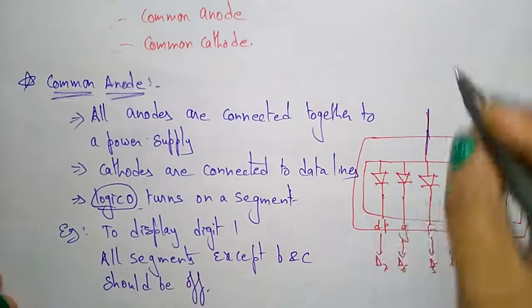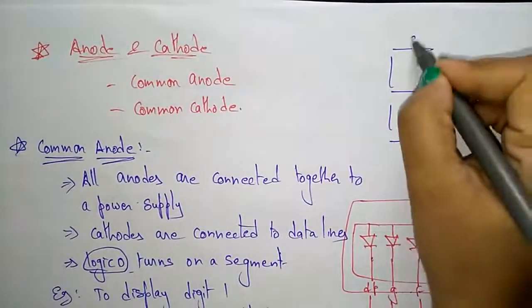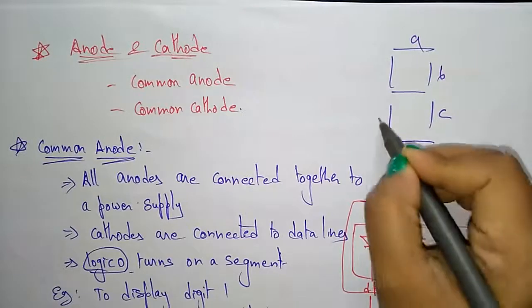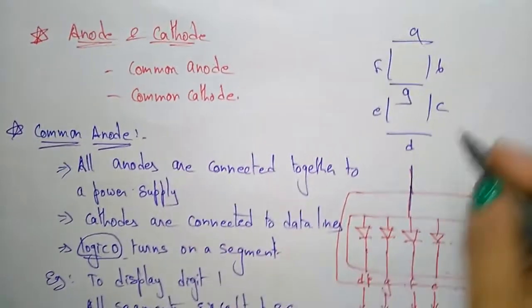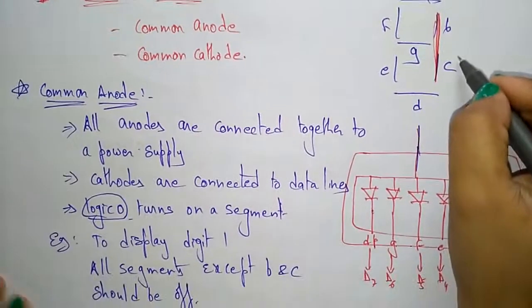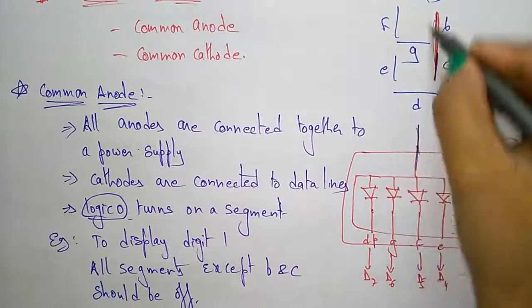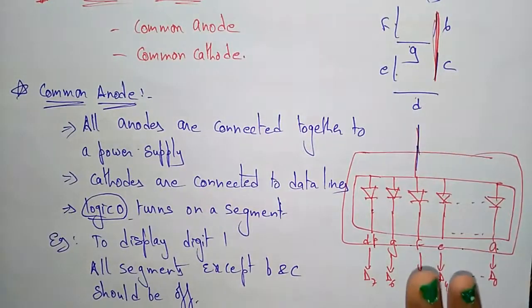Why B and C only? This is A, B, C, D, E, F, G. I want to display digit 1. 1 means this. So B and C should be on, and the remaining segments A, F, G, E, D should be off. Okay.